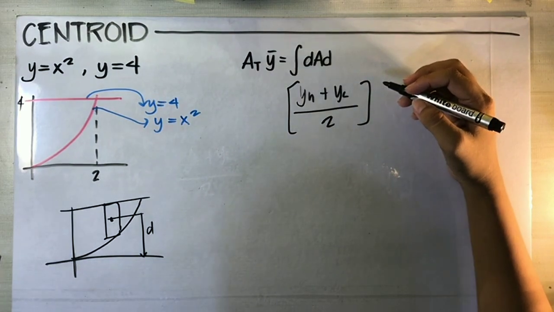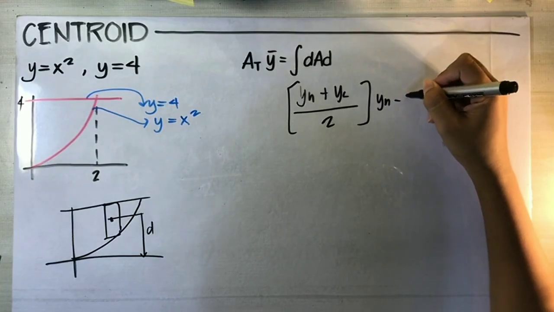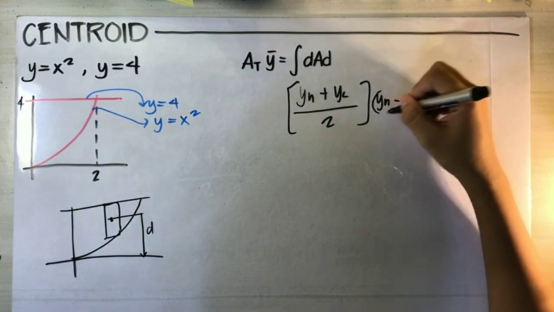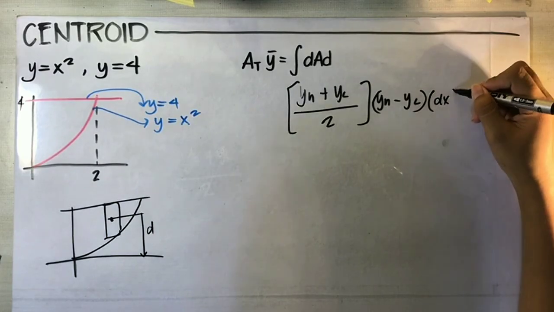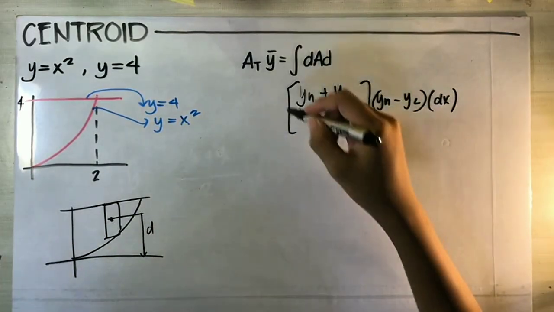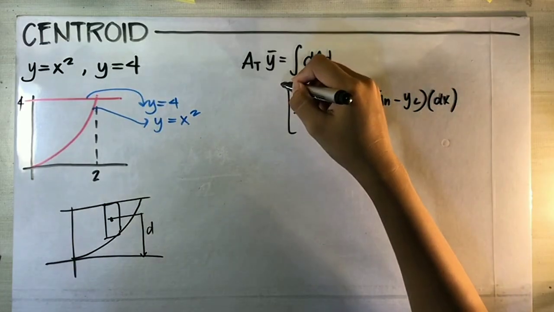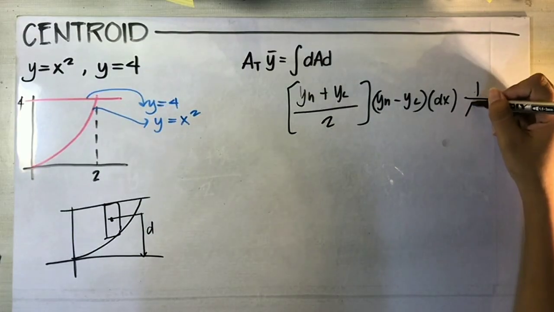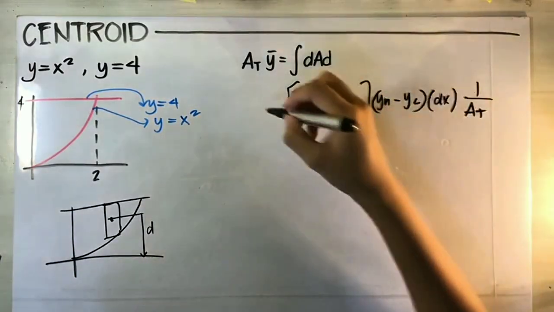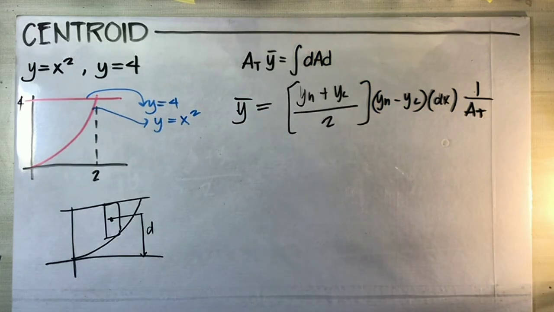In our previous discussion, this is y high minus y low, the height, times the base dx. Of course we can't forget the integral. Let's just put here 1 over the total area, so that this will be y bar.